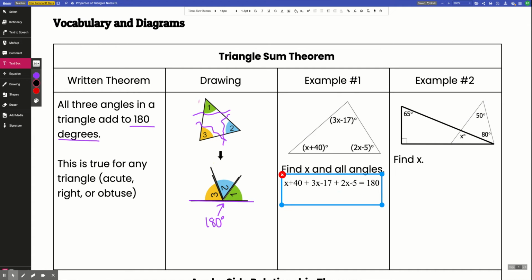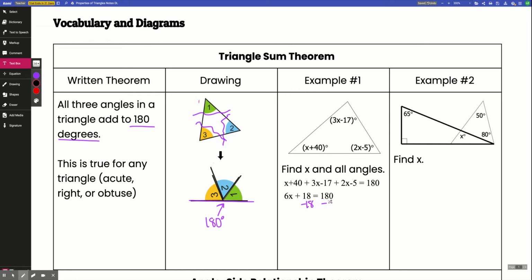So I'm going to combine my like terms. So I have x plus 3x plus 2x, which is 6x. And then I have 40 minus 17, which is 23, minus 5 is 18. So 6x plus 18 equals 180. And then I have to subtract 18 from both sides.